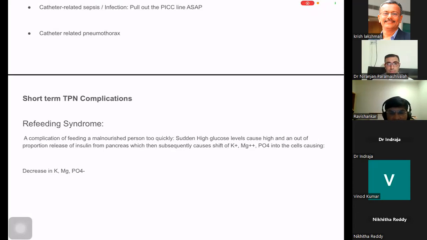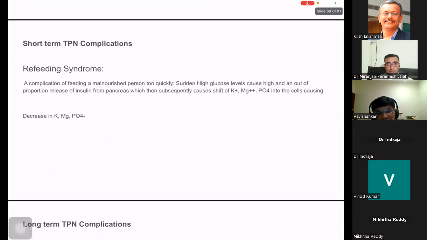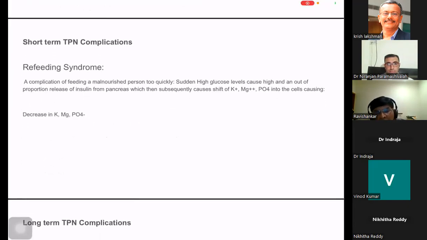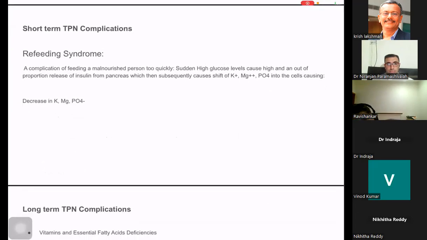It leads to the sudden release of a high proportion of insulin, which leads to the subsequent shift of potassium, magnesium, and phosphates into the cells, causing a decrease in potassium, magnesium, and phosphate. This leads to sudden electrolyte imbalances, which lead to vomiting, nausea, and the patient may go into death.